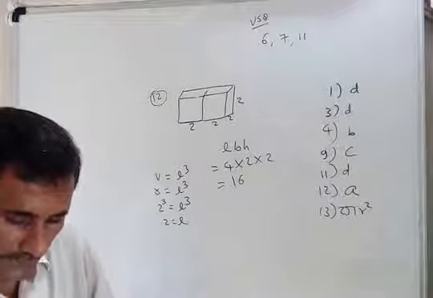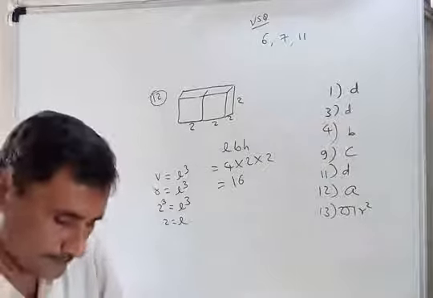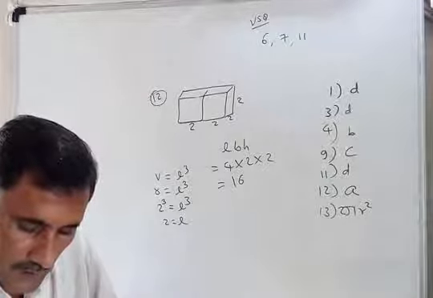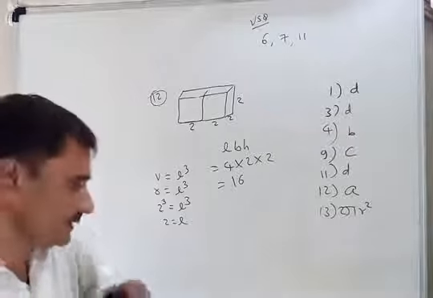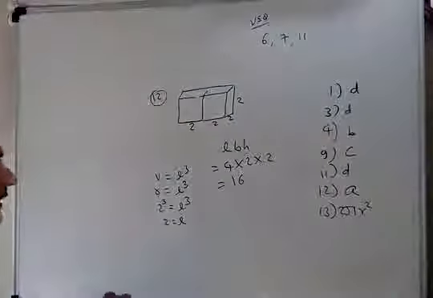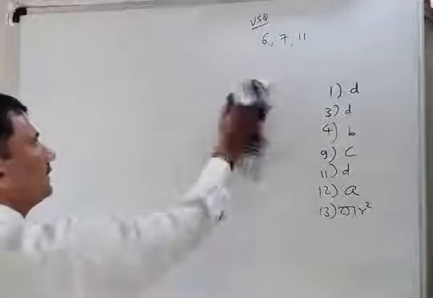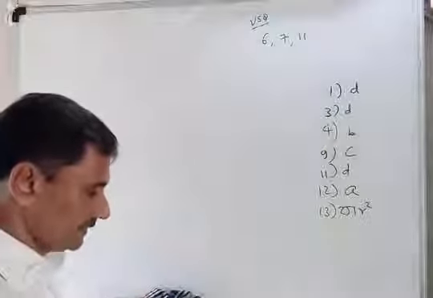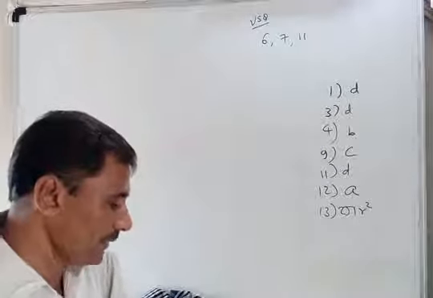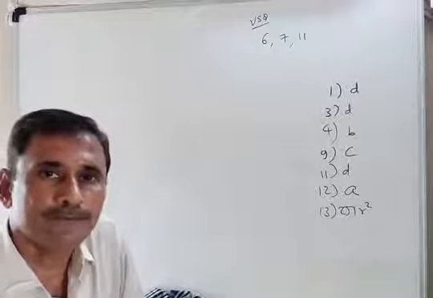Now look at number 13. Give shape of following things. Just imagine these things are in front of you. Then you just observe what is the shape of that given vessel or whatever may be. Okay? I just gave you 6, 7 and 11 as homework. 5 rupee coin. What is the shape of 5 rupee coin?